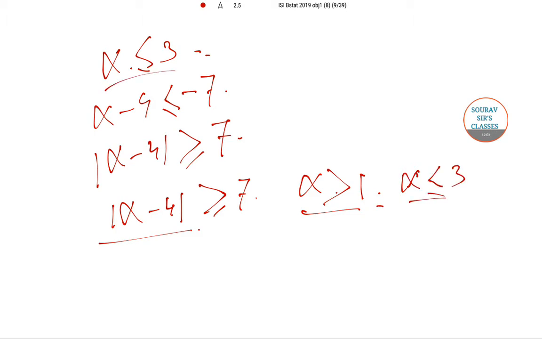From here we get mod alpha minus 4 greater than or equal to 1.